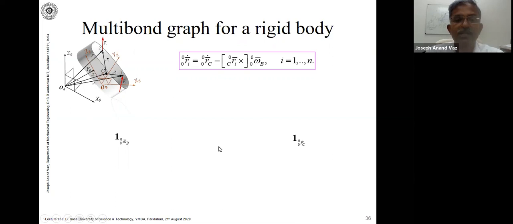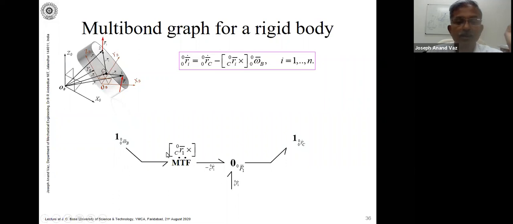So it's very simple to start with bond graph. You have this kinematic relationship. If I want the velocity of the point 1, it can be written as the velocity of the center of mass minus r1 with respect to c in the frame 0 cross operating on omega.